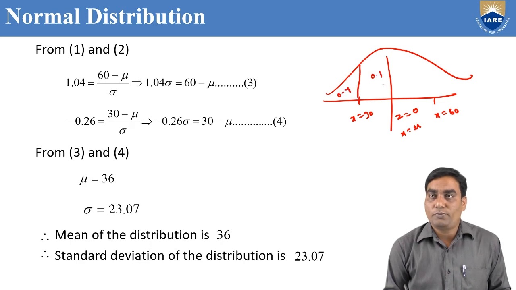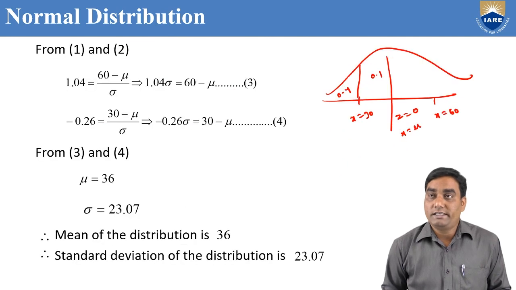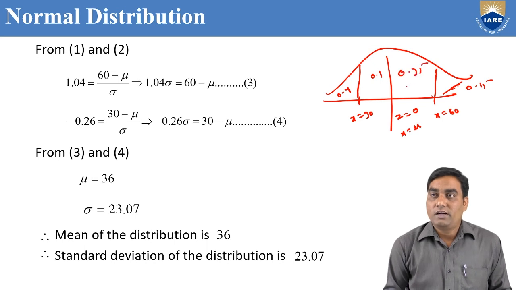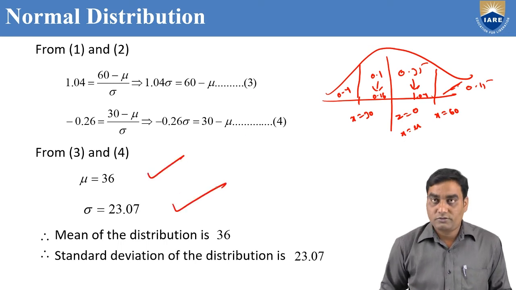That means this is 0.1. Now, greater than or equal to 60 is 0.15. That means this is 0.35. Now check out the Z1 value and Z2 value according to this. This is 1.04 and this is 0.26 from the table. Simplify it and we'll get the mean and standard deviation.